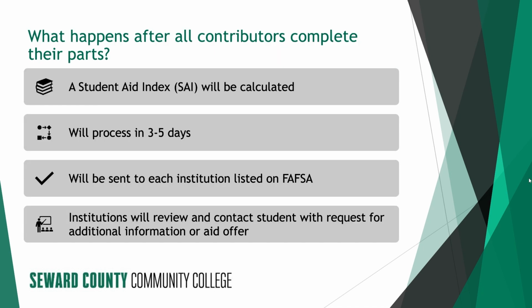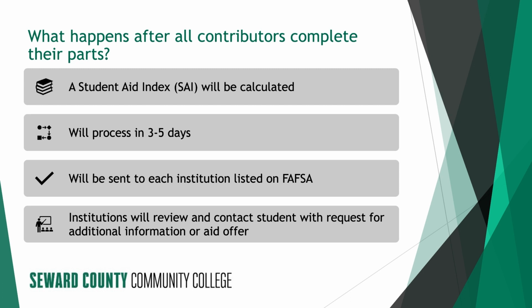So what happens when the FAFSA has been fully completed by the student and all contributors? Once FAFSA processes your form within 3 to 5 days, it will then be sent to the institutions selected on your FAFSA. We encourage you to be patient. Most schools are receiving several FAFSAs at a time and trying to process them as quickly as possible.